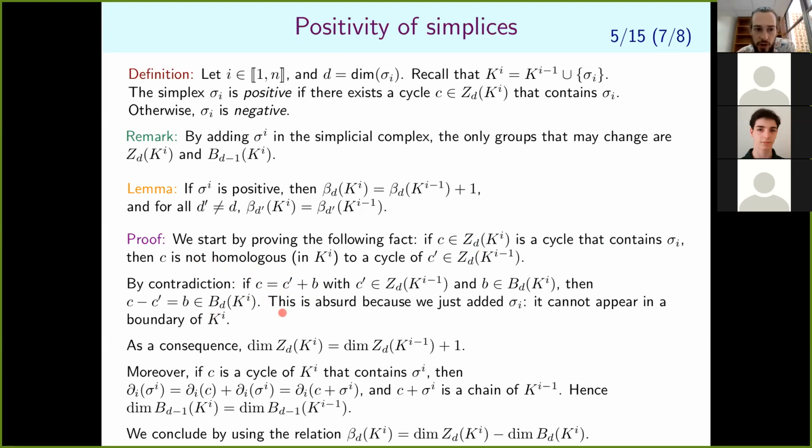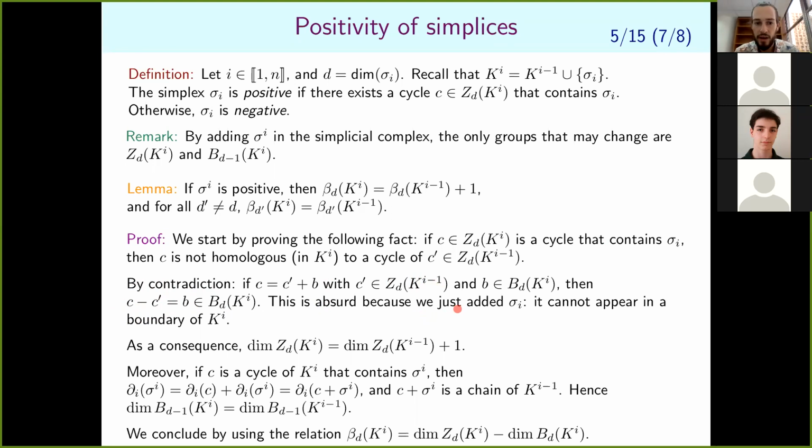Then if I take the difference in this equality, I obtain C minus C prime equal to a boundary. But remark that sigma I is included in this chain, C minus C prime, because C contains sigma I and C prime does not contain sigma I, because C prime is a chain of K i minus 1.